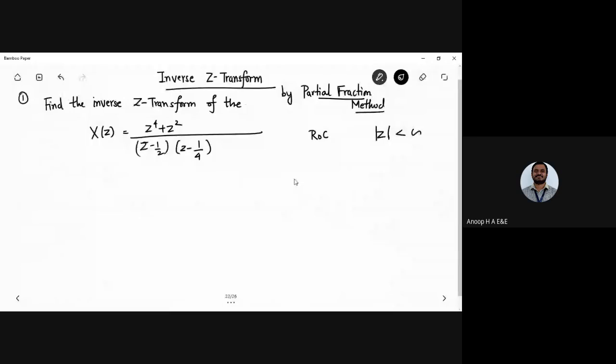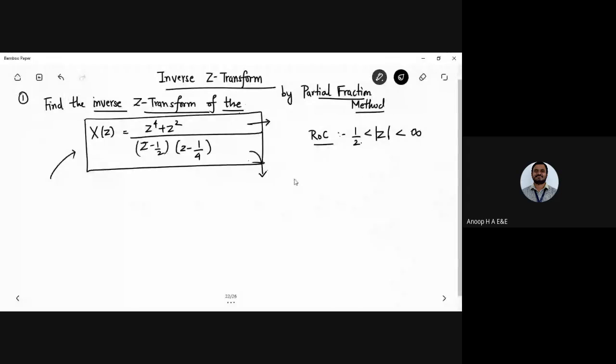What does the numerator indicate? It is the zeros. What does the denominator indicate? It is the poles. I hope it is visible to each and every one.